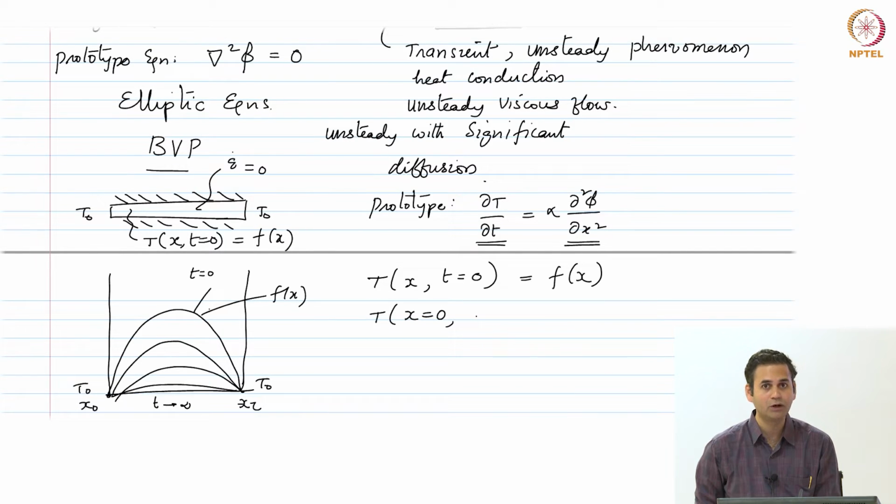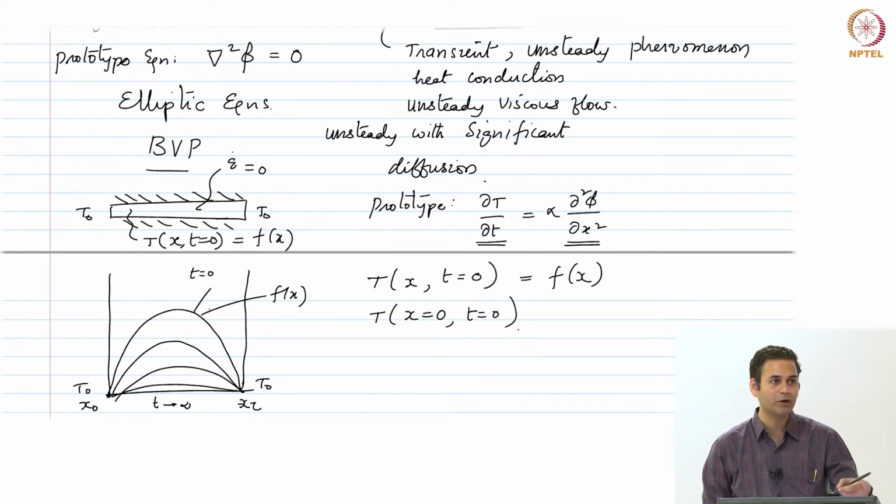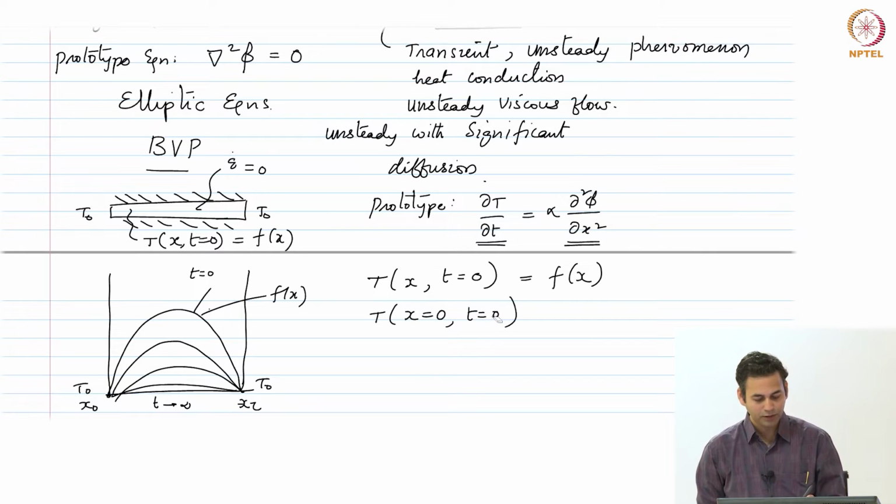And do we need this for all the time or only for the initial time? Only initial time, so that would be T of 0. What do you do at the other times? So, let us say you have a boundary condition of constant temperature, right. You maintain this at T equal T naught. Do you do that for the entire period of the experiment? You would need it, right. Essentially, if you have a Dirichlet kind of boundary condition, then T has to be specified on the boundaries, at particular x for all the times, right. So, essentially you would need T at x equal to 0 for all the times t, okay.